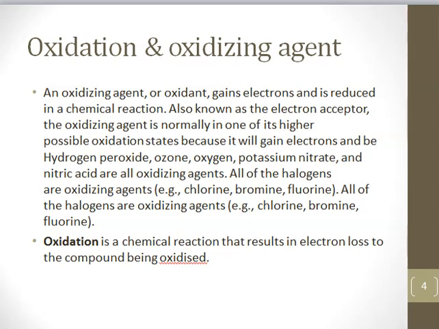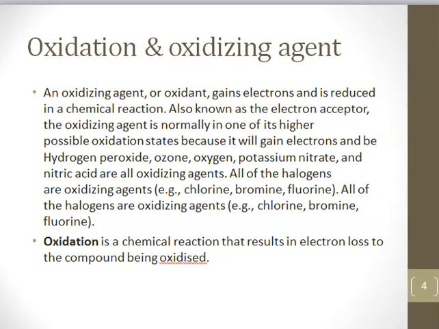So for any reagent to be an oxidizing agent, it must have a higher oxidation state, meaning it must be a good acceptor of electrons. Along with these, all of the halogens are oxidizing agents because they need just one electron to complete their outermost shell, so they can easily accept an electron. Therefore all of these are also oxidizing agents.